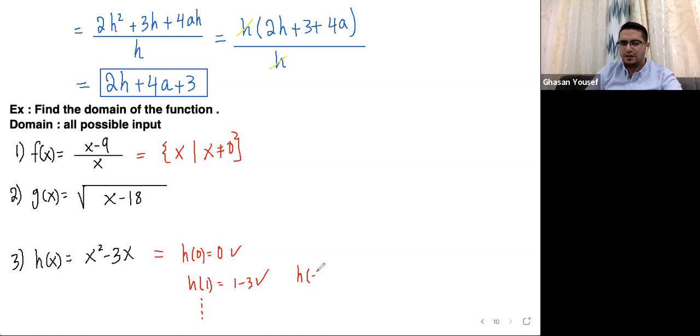Can I plug negatives like negative 1? It gives me minus 1 squared minus 3 over minus 1. It gives me an answer, so it's fine. So what's the domain for this function?